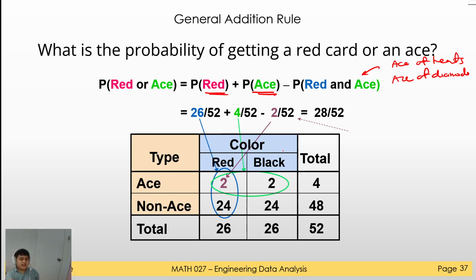So for counting how many cards are in this event, you should not count the 2 twice. So we have to subtract the extra 2 that is the intersection between the two. You can see that this will be 26 plus 2 only. So we have to subtract the 2 from this 4 so that we have an actual calculation of the probability.